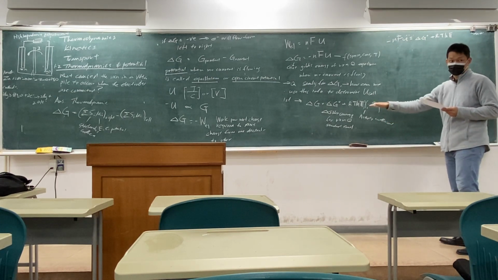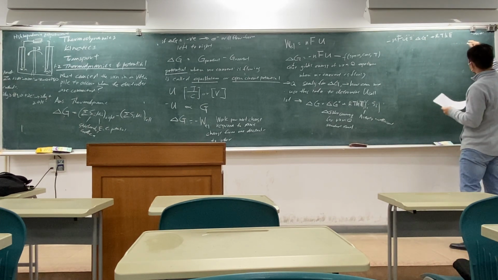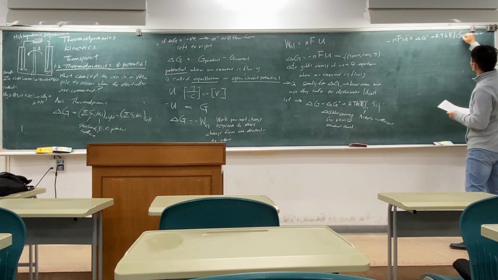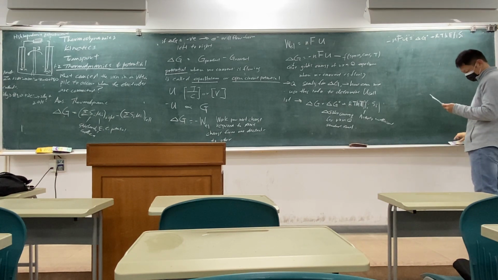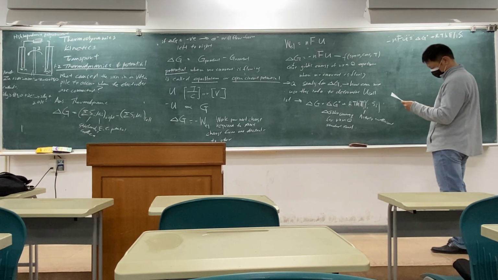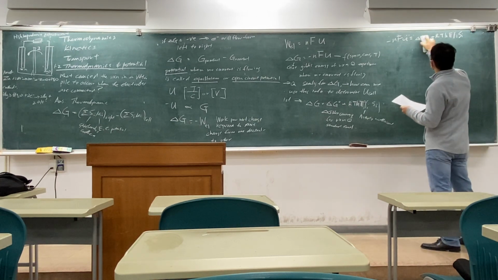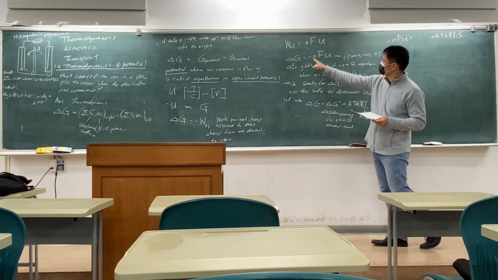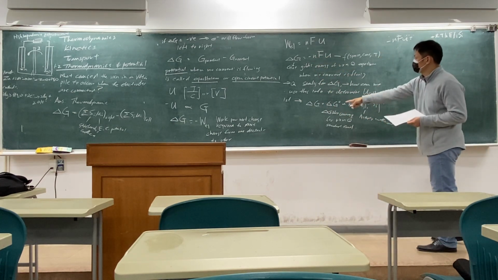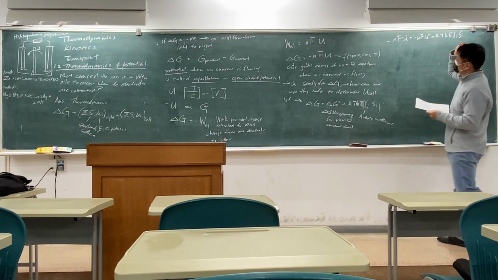Everything here is a product, pi, of gamma i s i. Oh, I'm sorry. So delta G is equal to minus NFU, then delta G naught is equal to minus NFU naught.